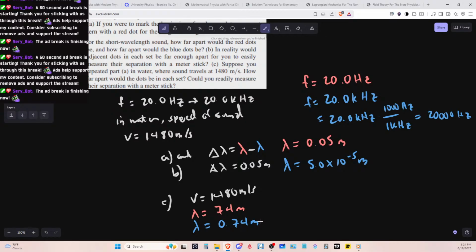And then if you do it for 20,000 hertz, that's around 0.0. Oh, oops, should be another 0 there. 0.0. There we go. That's what we want.